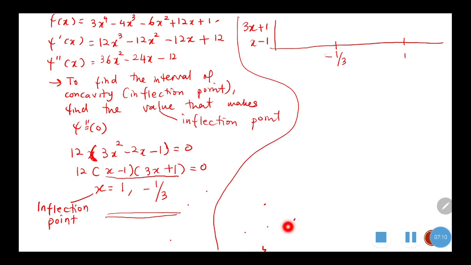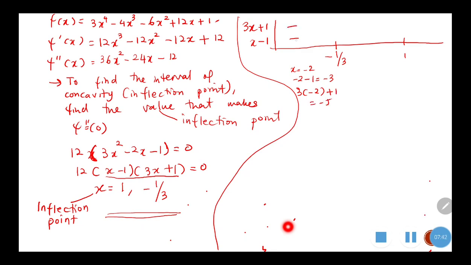Now pick any value less than minus 1 over 3. I'm going to pick x equal to minus 2. For the first factor, minus 2 minus 1 gives minus 3, so it is negative. Then 3 times minus 2 plus 1 gives minus 5.